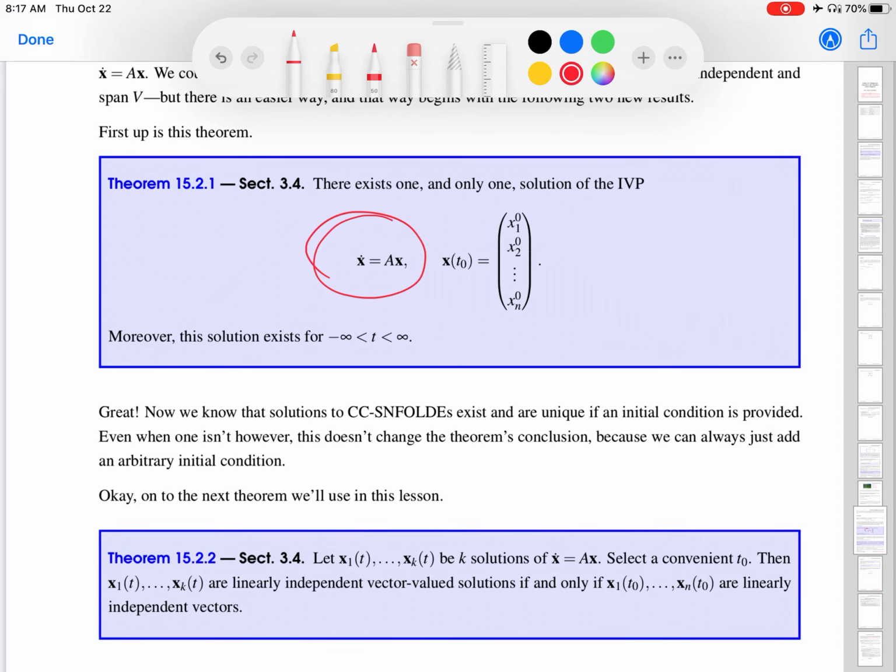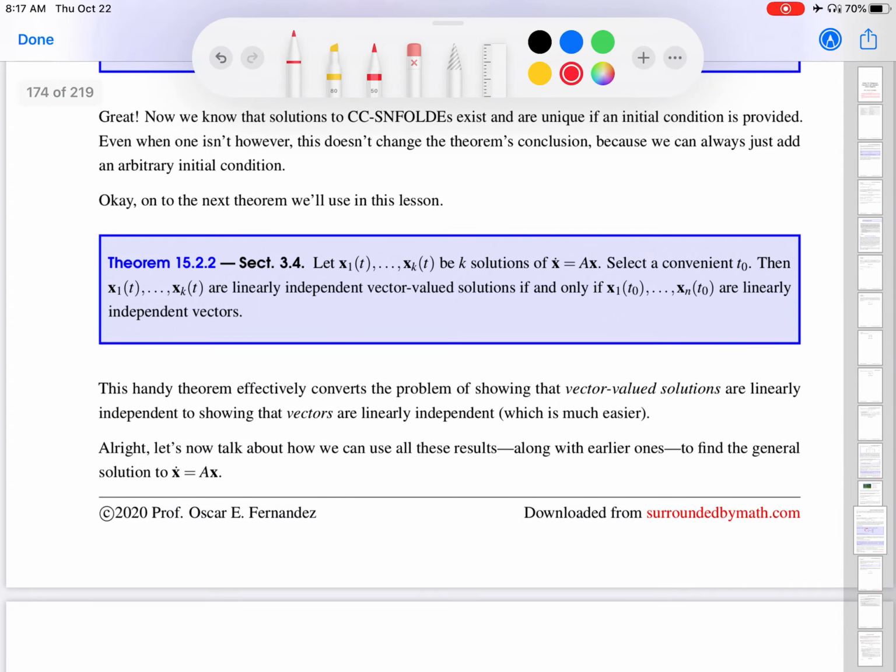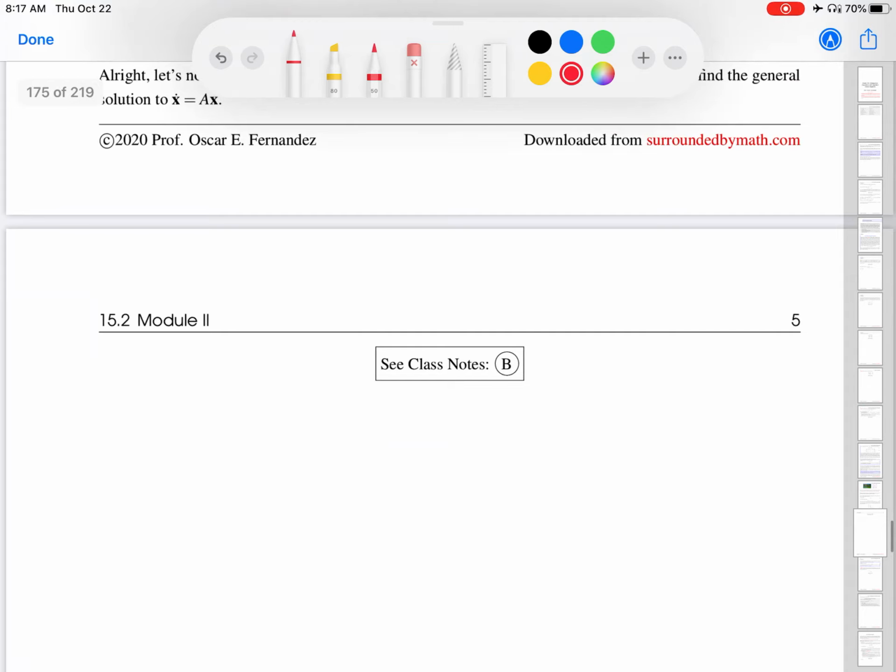So what are we going to do to combine things here? Well, let's suppose that I have n solutions of this form that I have found through the method, for example, that we talked about in the previous video.